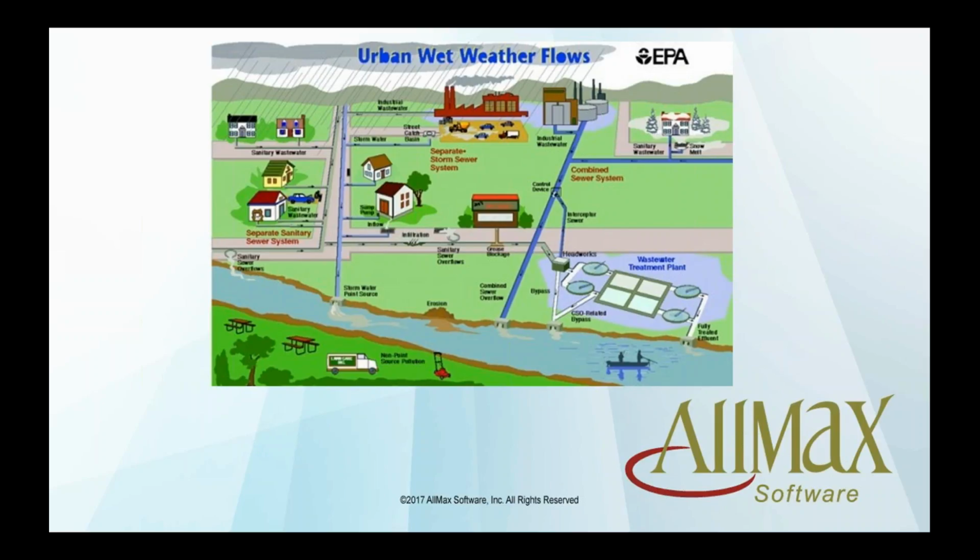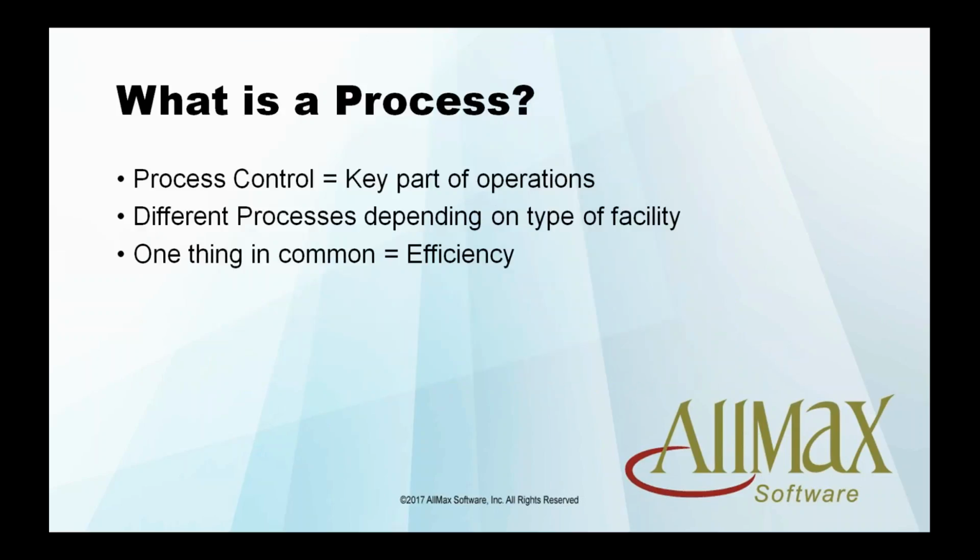We could go and see what removals are throughout the system, through a given area. We can also go to the headworks of the plant and take it from the headworks to the end of the treatment plant, and give that process and show what that is.